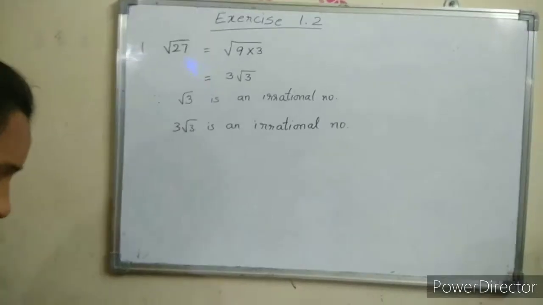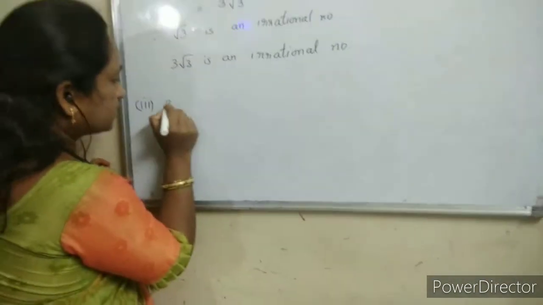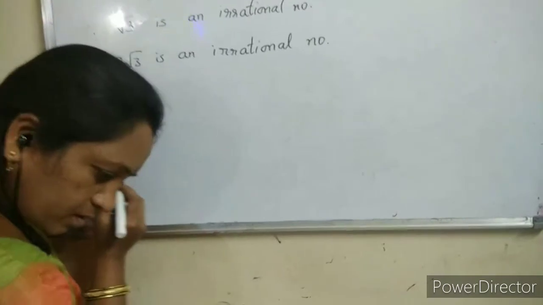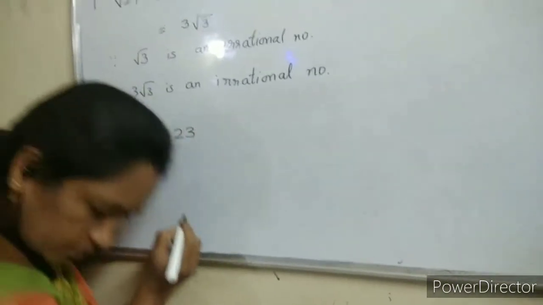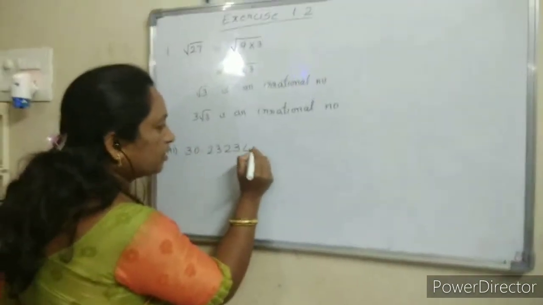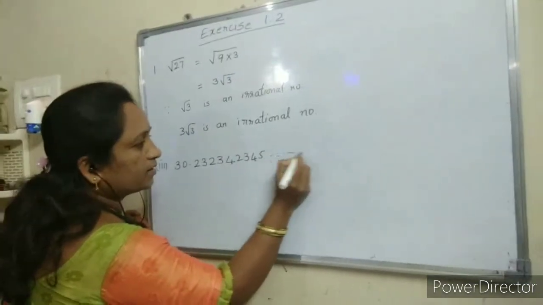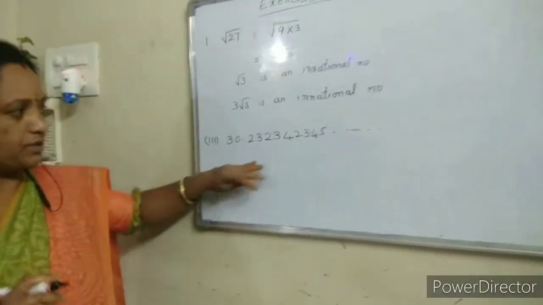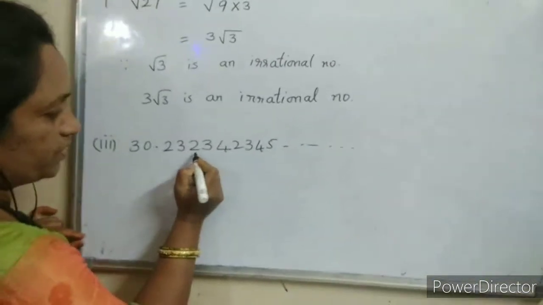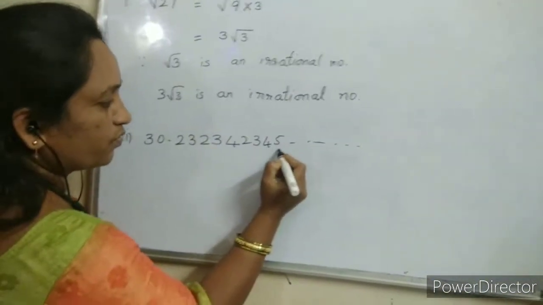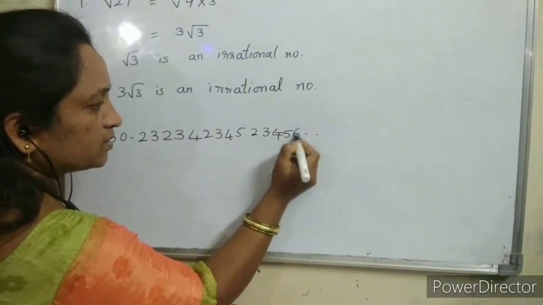Okay? Now, the third question is 0.2323423... 45 like this. Now, if you observe this question, after the decimal 2 3, after that 2 3 4, after that 2 3 4 5, next what comes, 2 3 4 5 6.